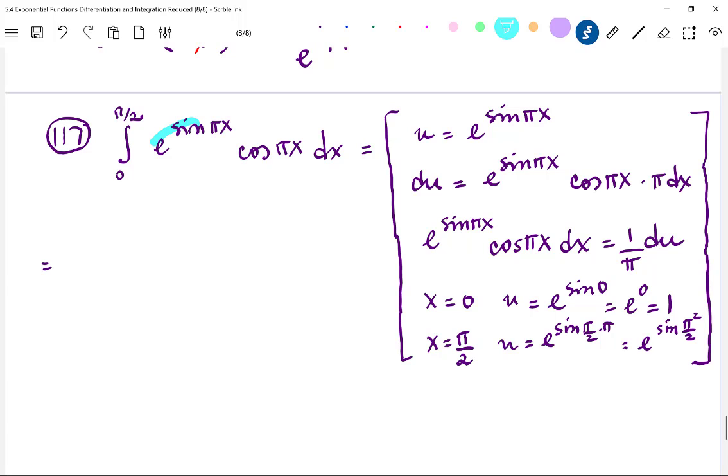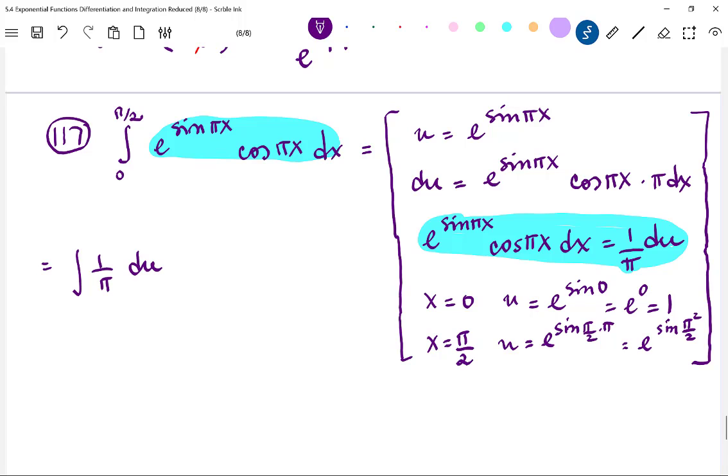So this whole thing right here is given by 1 over pi du. So that's the integral of 1 over pi du. The limit at 0 is going to be, u is going to be starting from 1.